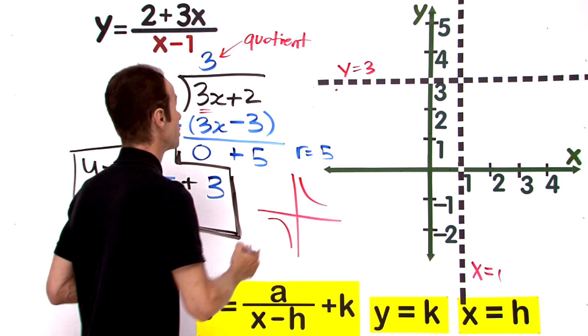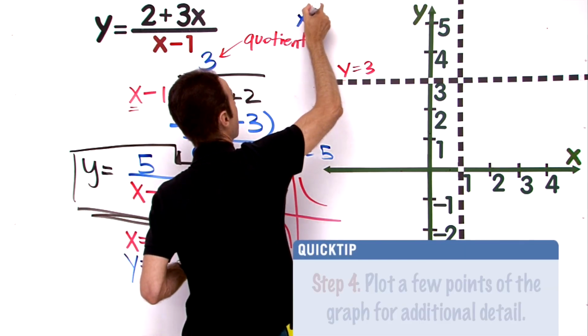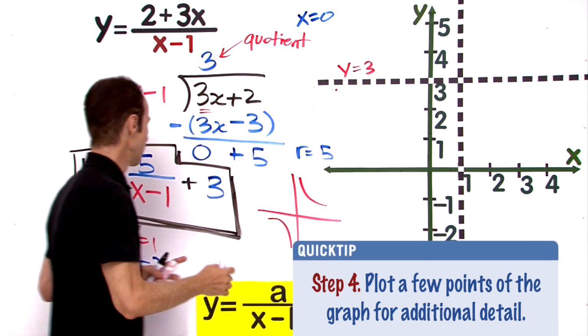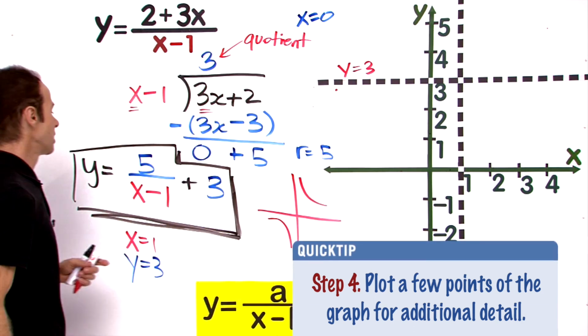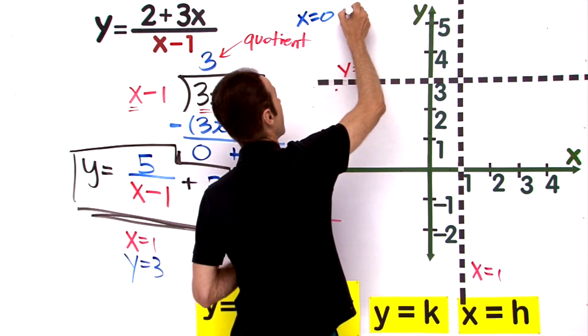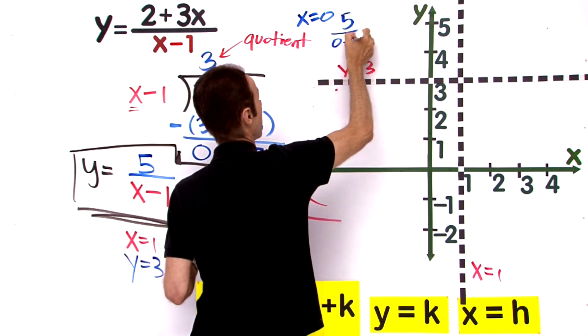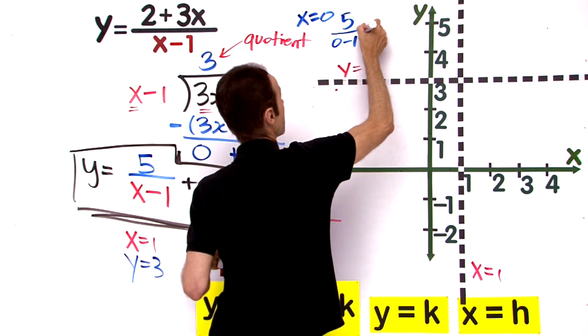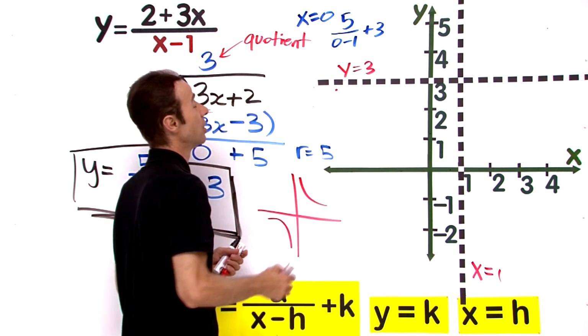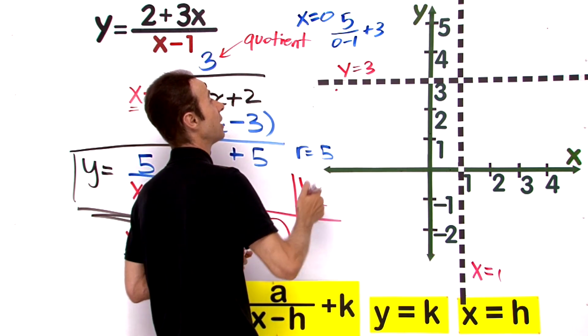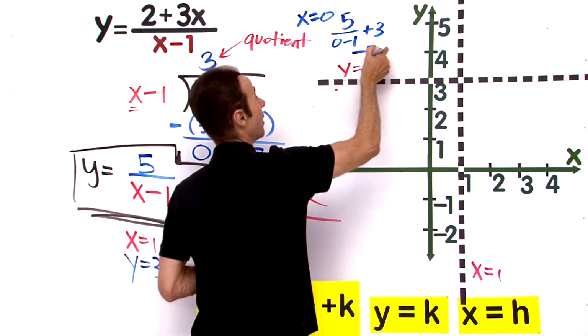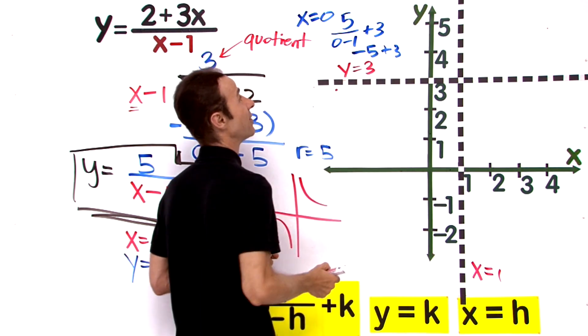If I substitute x equals 0 into this formula right here, it means I will have 5 over 0 minus 1 plus 3. What's that going to give us? Well, 5 over negative 1 is negative 5, so that means we'll have negative 5 plus 3. That means we'll have negative 2.